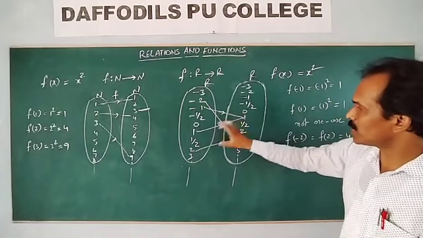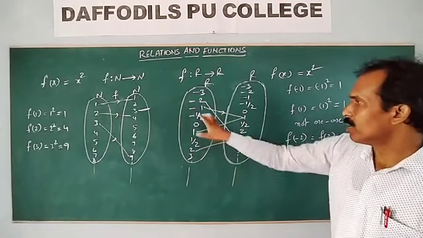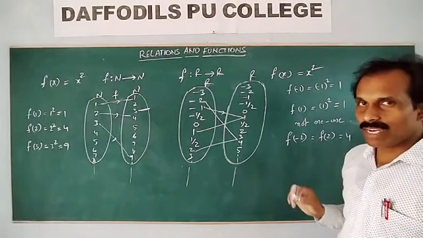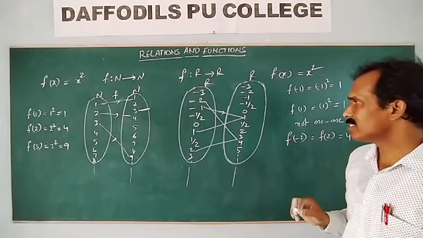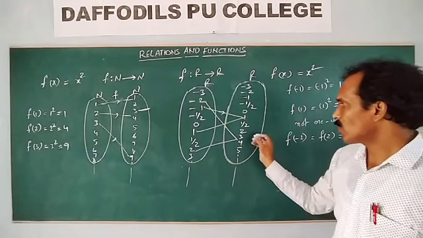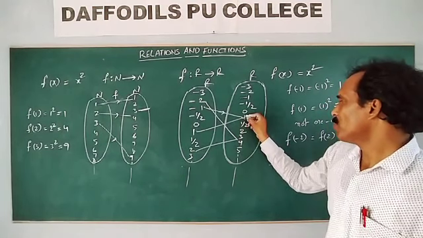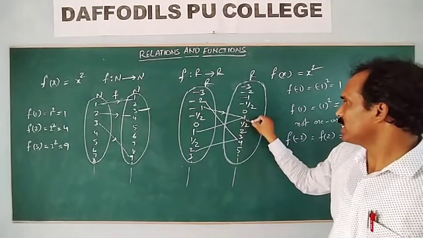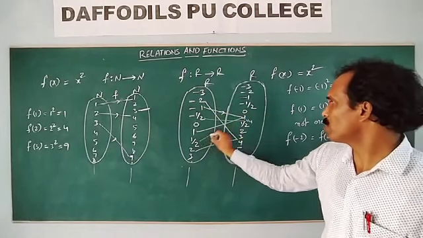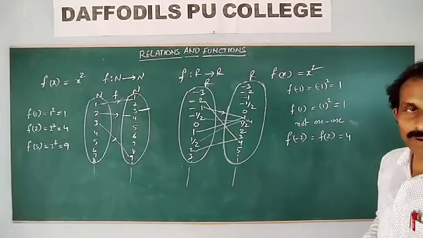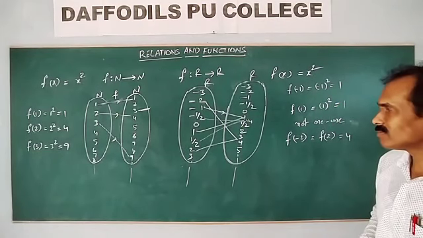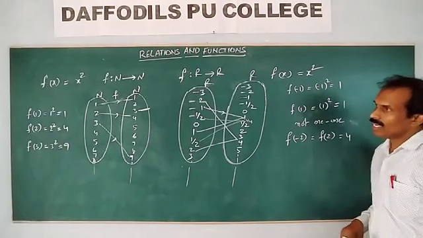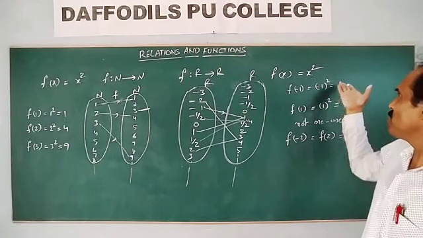Similarly -3 and 3, and -1/2 and +1/2 both give 1/4. Clearly it is not one-one. Why? Because different elements have the same image.